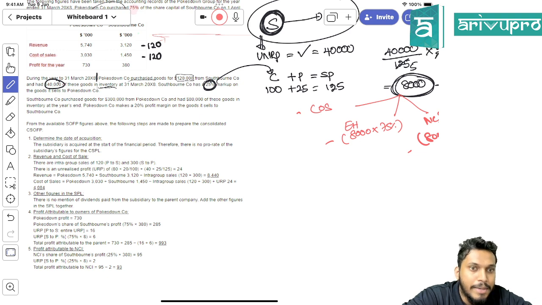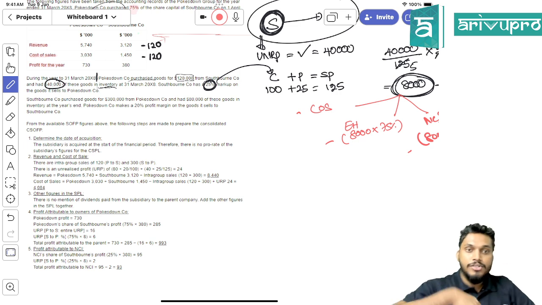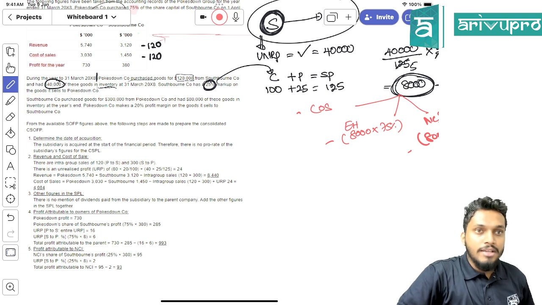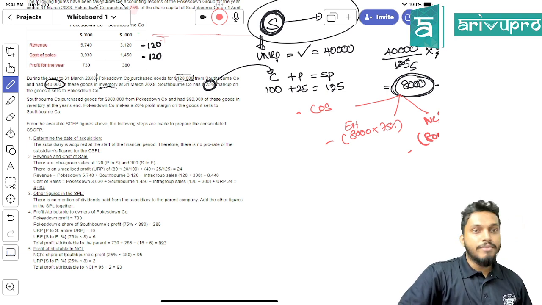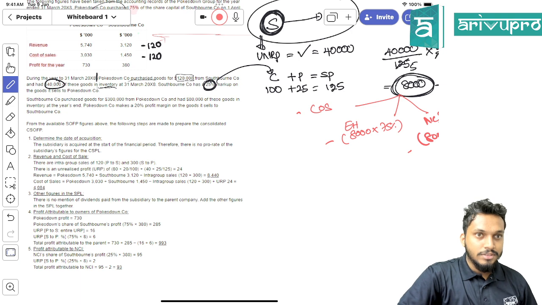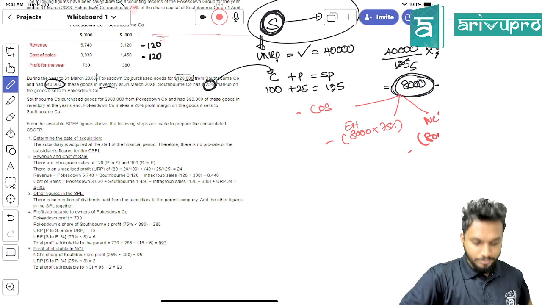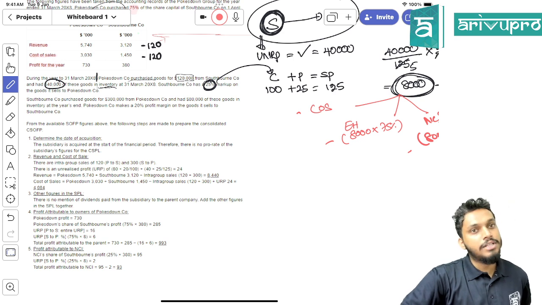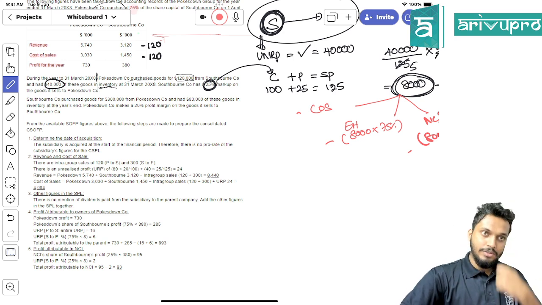You will take only the parent's cash figure. There won't be any effect, because you are already reducing from your revenues and cost of sales. You got it? So that revenue and cost of sales won't be included in your cash.